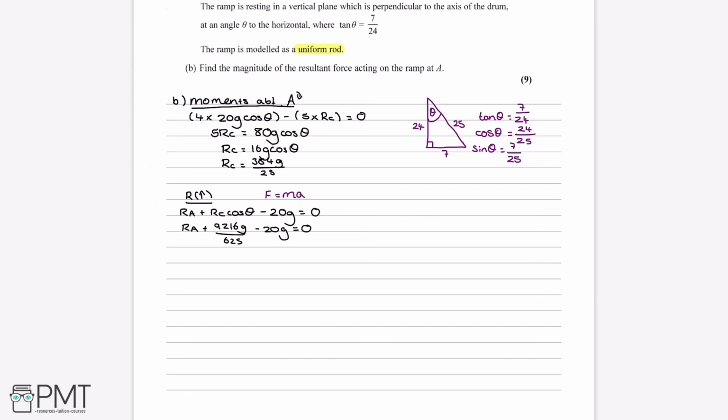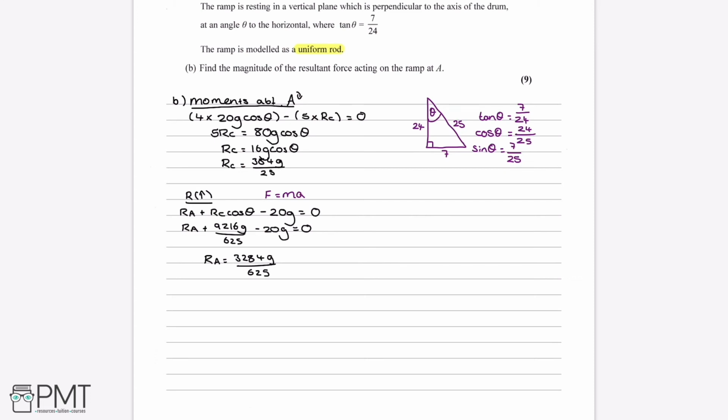And now if we add 20g to both sides and take away 9,216g over 625, we are left with RA is equal to 3,284g over 625.